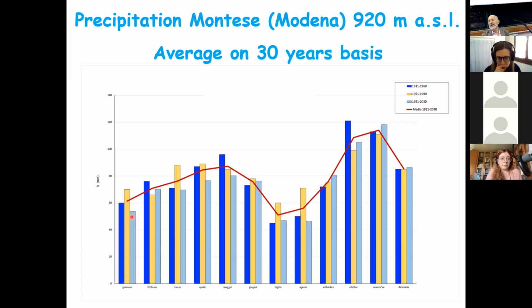And the red line is the average, the mean behavior. You see that particularly in spring, February, but particularly March and April, and also May, which are the three months most critical for recharge and for snowfall and snow melting, the precipitation is lower with respect to the other 30-year periods. The more recent precipitation is lower. Whereas in the autumn, more or less the value is the same.